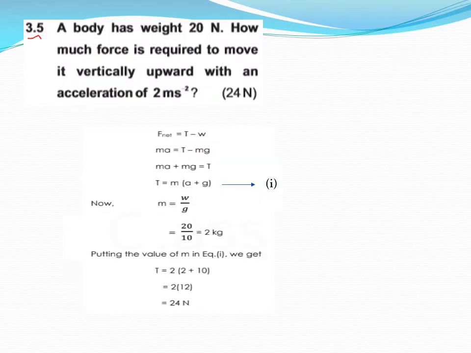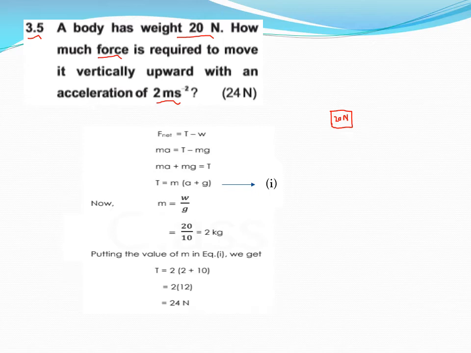3.5. A body has weight 20 Newton. How much force is required to move it vertically upward with an acceleration of 2 meter per square second? Here, dear students, you are noticing that a body is having 20 Newton as its weight and it is falling downward if it is set free.